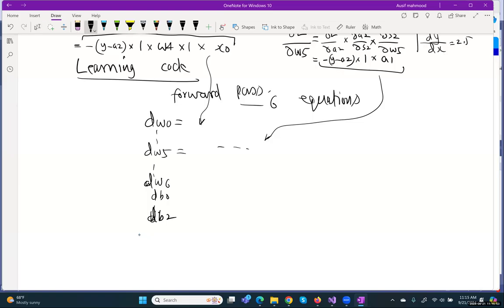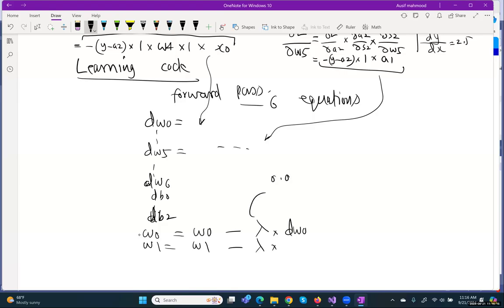Okay, then you will remember our gradient descent algorithm is W0 will become W0 minus lambda, which is the learning rate, times dW0. In Python, as an example, W1 equal to W1 minus lambda.